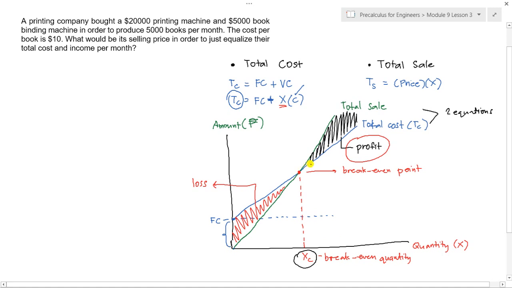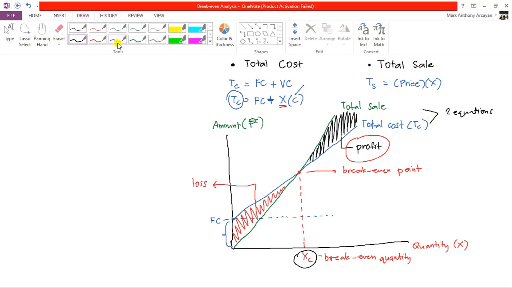If we have a consistent and independent solution, meaning the two equations have a solution, we can say that point or value is the intersection of the two equations. So if we solve these two equations, we find the unknowns of total sale and total cost.